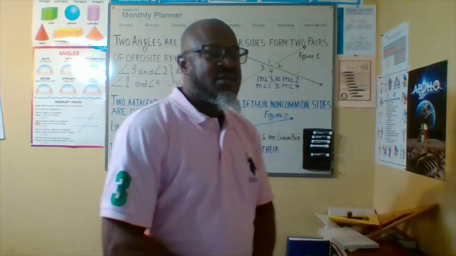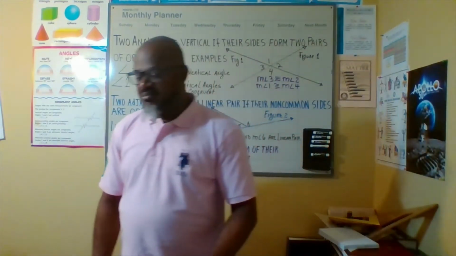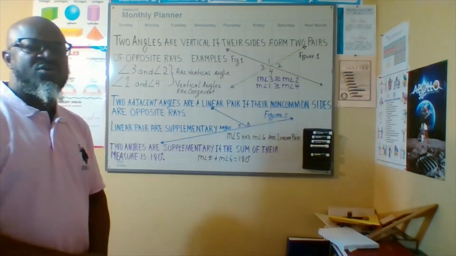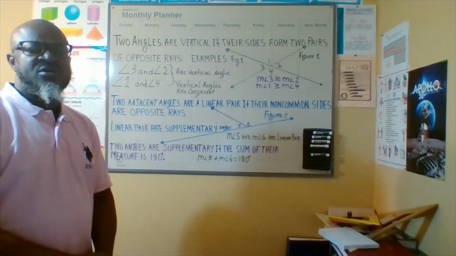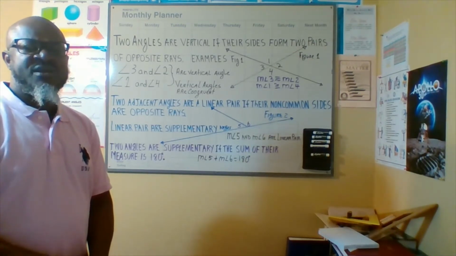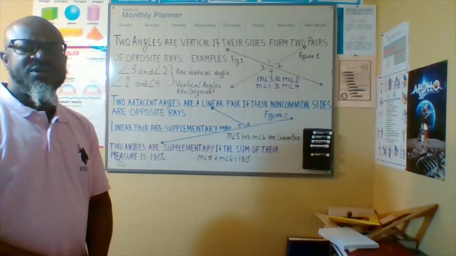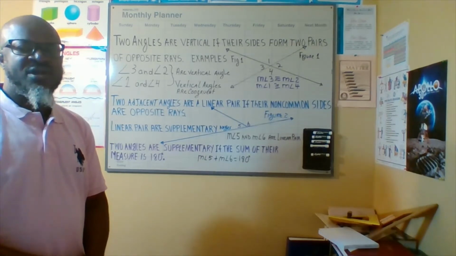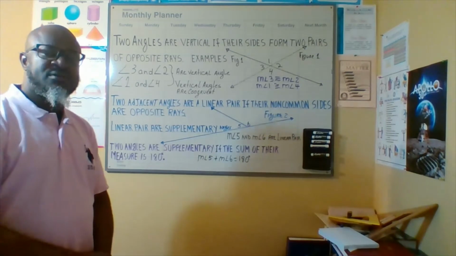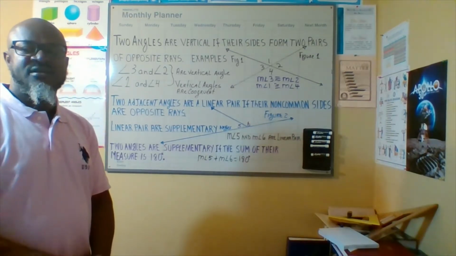Remember that the definition is important, but when you have a pair of angles that are vertical, you will have to identify that as significant. Vertical angles are always congruent. Congruent means two things that are the same, equivalent.